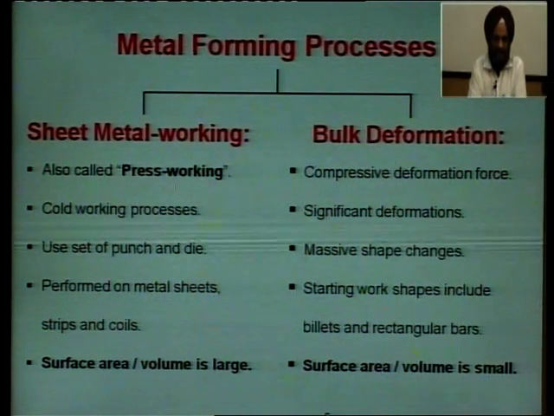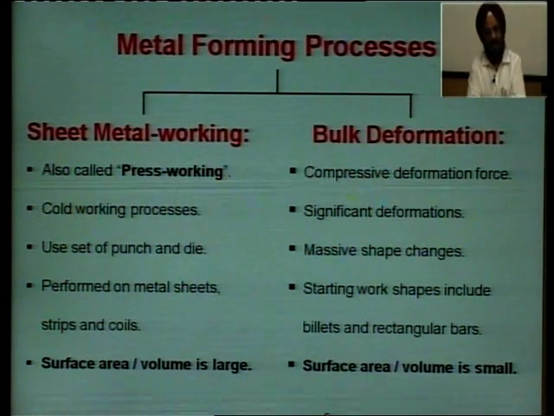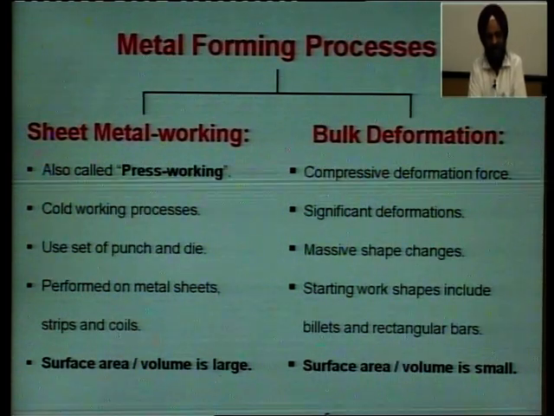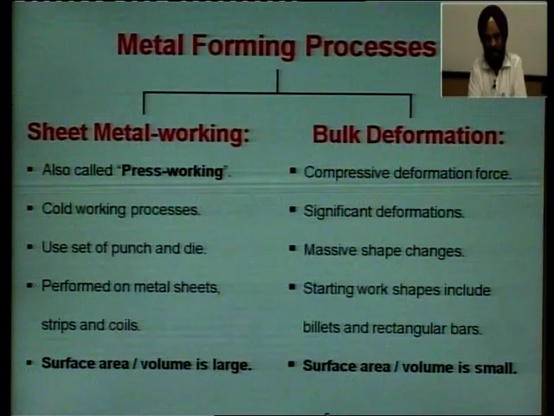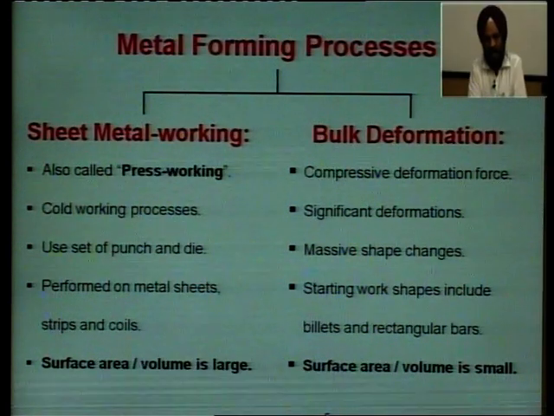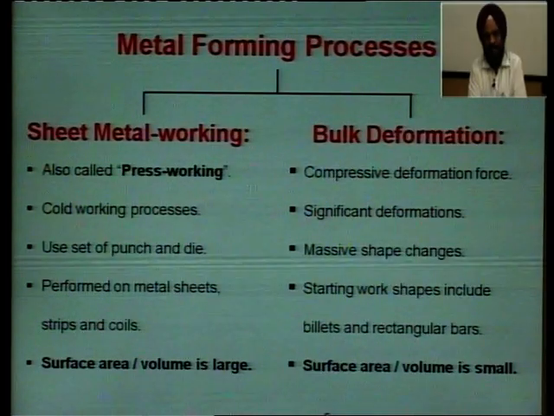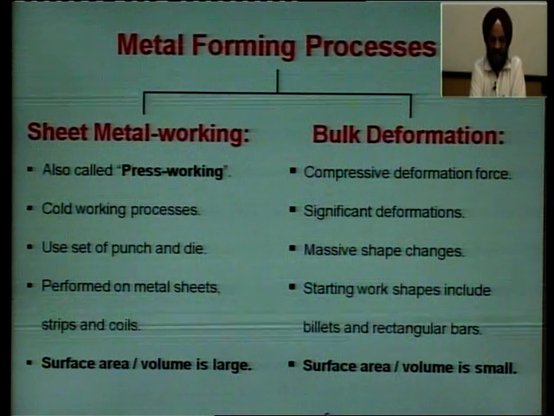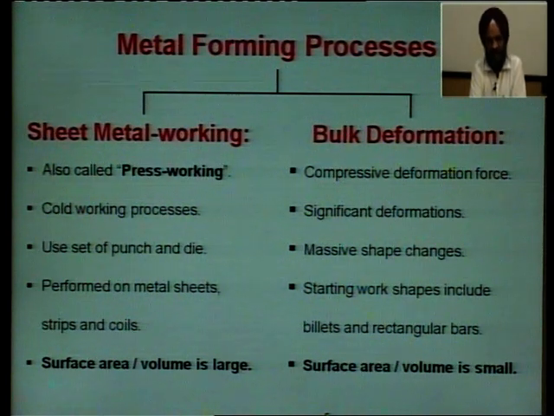As I discussed, you make a car body from the plain sheet, where surface area to volume ratio is very large. In bulk deformation, compressive deformation force is there. Deformations are very significant and there are massive shape changes. That means shape changes are appreciable.